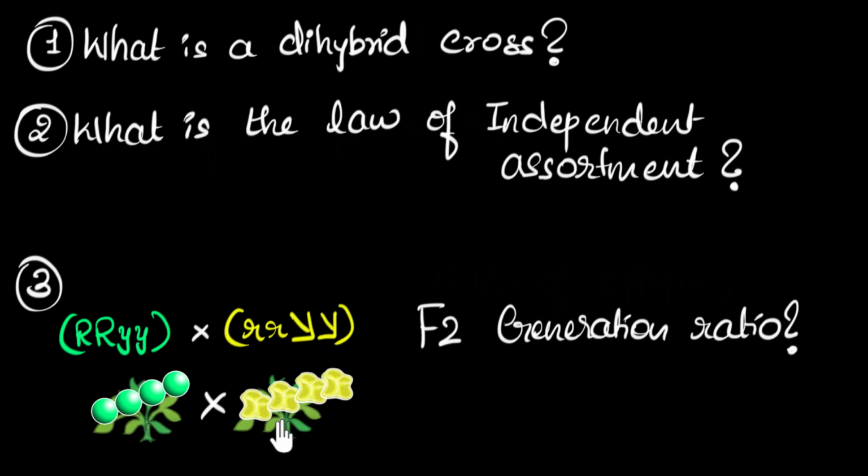So the two traits over here are the shape of the seeds and the color of the seeds. And by looking at the letters, you can kind of figure out which is dominant and recessive. If you have difficulties answering these questions, no worries, you can always go back and rewatch the video.